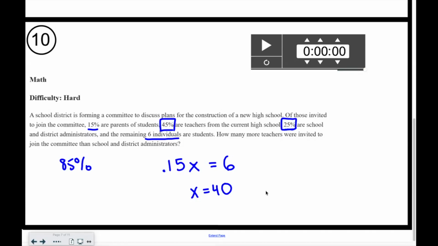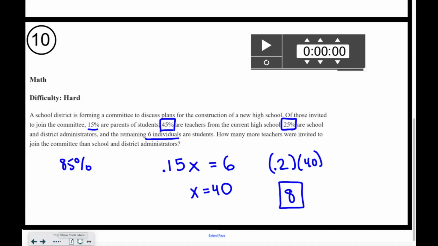That means there was a 20% difference, and all we have to do is find 20% of 40, which turns out to be 8. If that doesn't make sense, you could find 45% of 40 and 25% of 40, and you'll see that it's 8 more teachers. But you don't need to find both. You just need to find the difference, which is 20%.